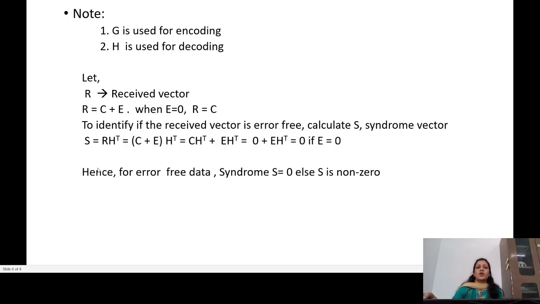If syndrome is non-zero, it clearly says that the received code vector has some errors in it. Therefore, its value is not the same as the transmitted code vector C. That is, R is not equal to C. That is what we are saying here. Therefore, for error-free data, we require syndrome S to be equal to 0. Otherwise, S is a non-zero value.